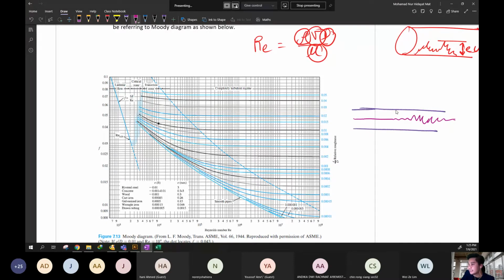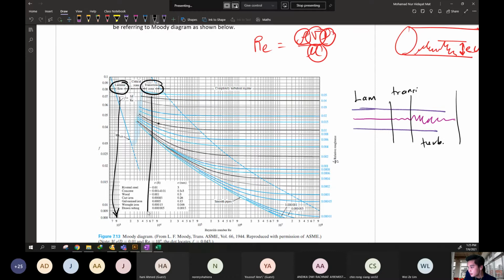This region is laminar, this is transition, and this is turbulent. That is why it goes from left to right. On the left, this is laminar, referring to the low Reynolds number; the transition zone refers to this range, and the completely turbulent regime refers to this range.